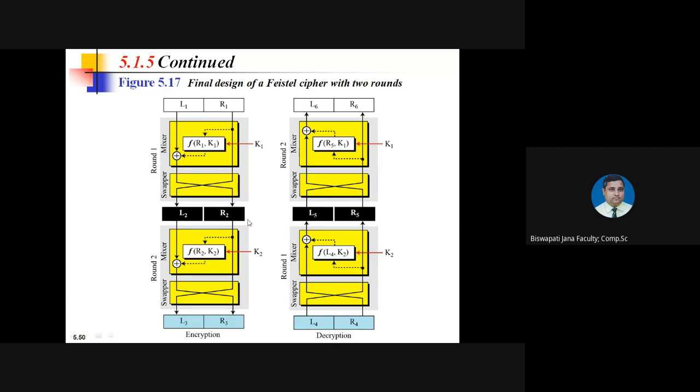It will swap the data, meaning the left hand side goes to the right hand side and the right hand side goes to the left hand side. Again the same thing is used. The right hand side comes to the function with K2, gets the result and mixes with L1. Again, swapping is there. So in this way you can use round 1, round 2, round 3, up to round 16. Then we see that there is no relation between the input and output, meaning plain and cipher.